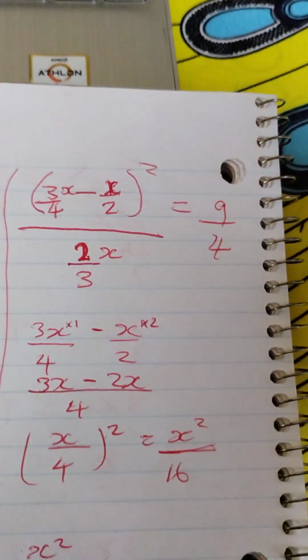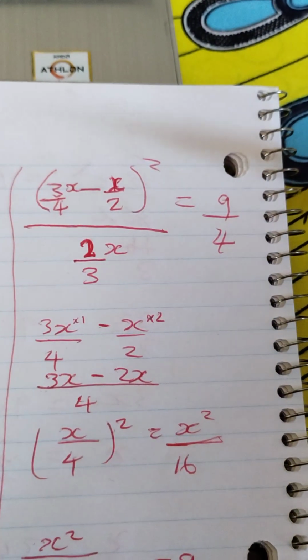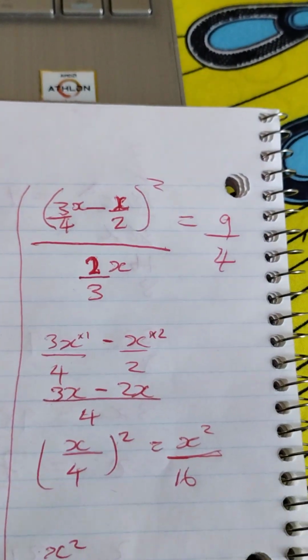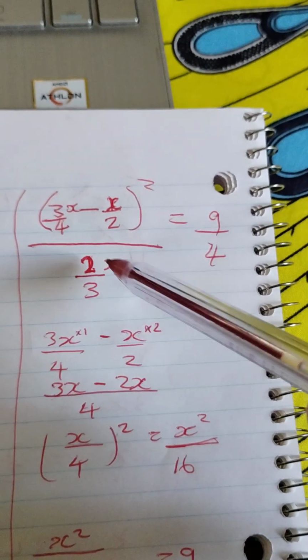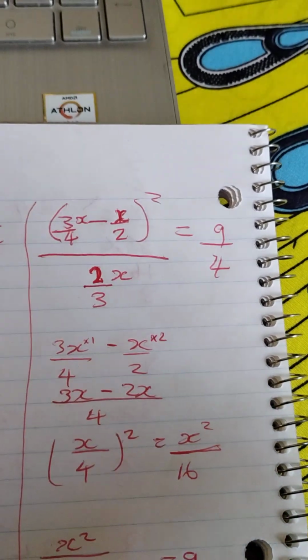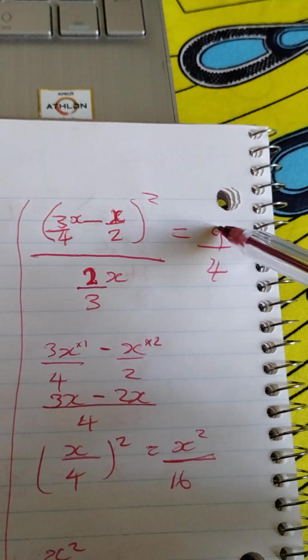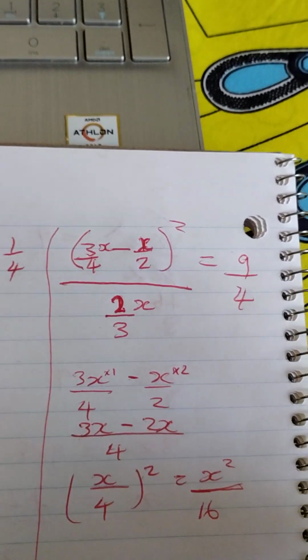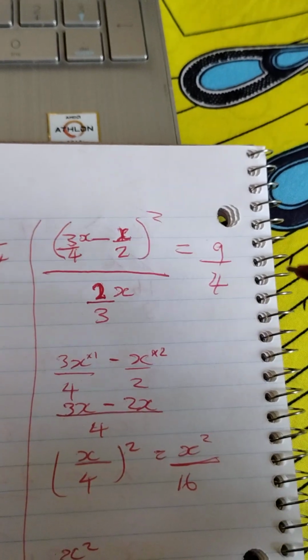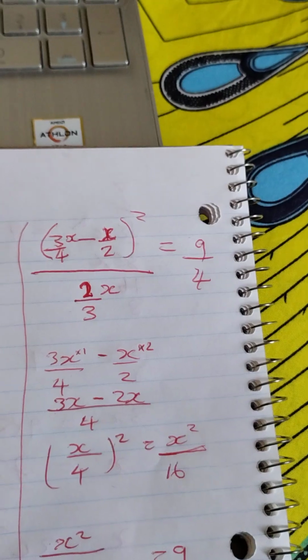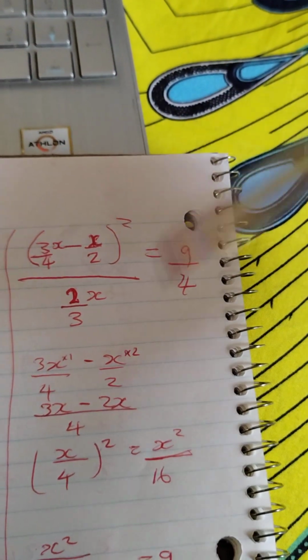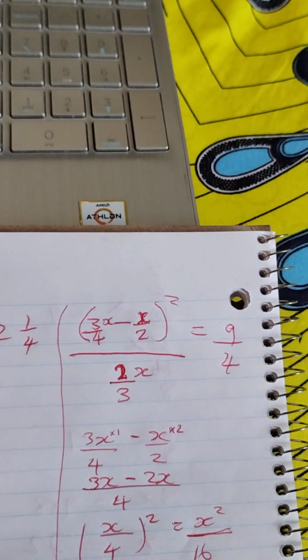So what I have is (3 over 4)x minus x over 2, open bracket, squared, divided by 2/3 x equals 9 over 4, which is the same thing as 2 1/4. Remember the criteria: it must have 3 different rational numbers.